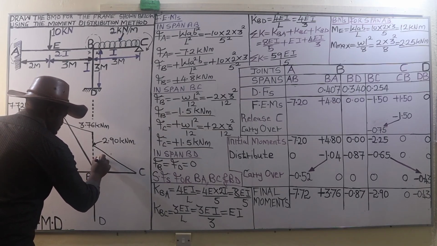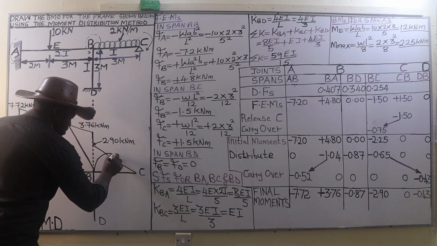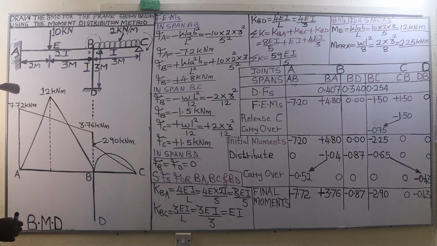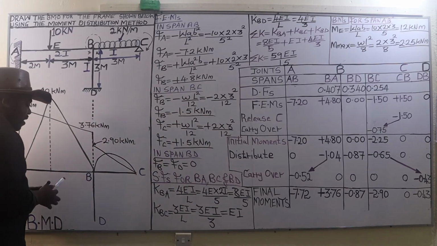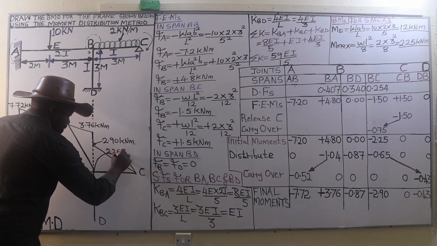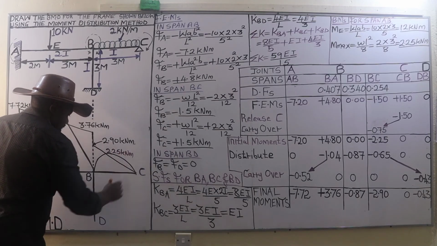This is the bending moment due to the UDL, or due to vertical load. So here we have a maximum bending moment of 2.25 kilonewton meters.